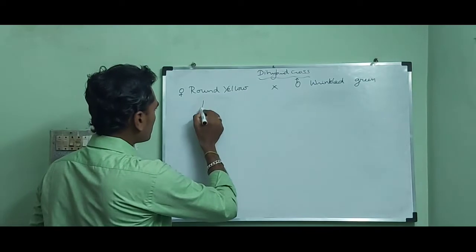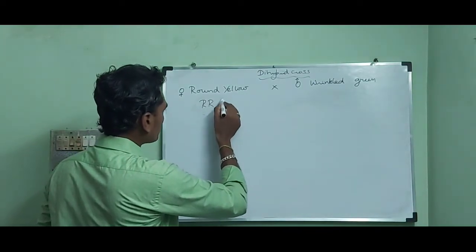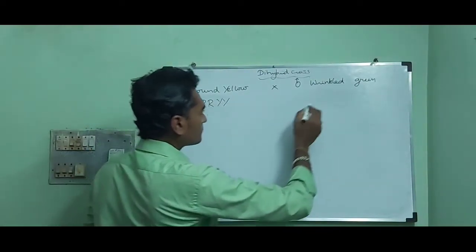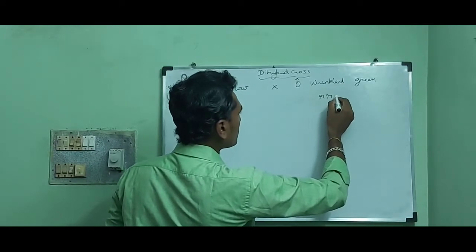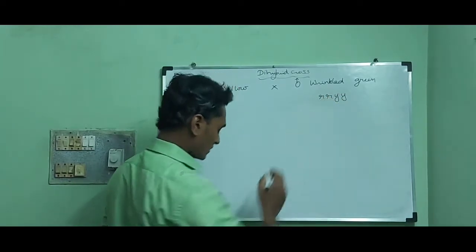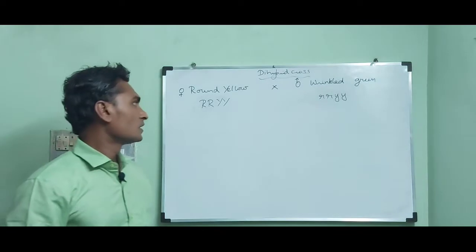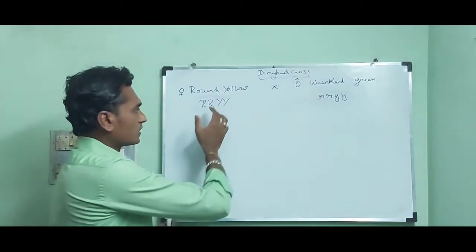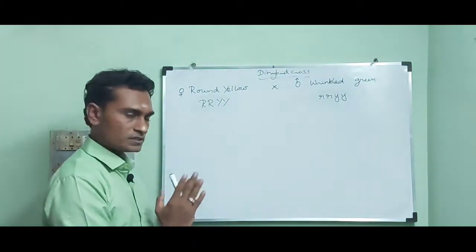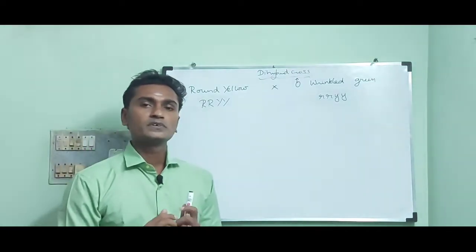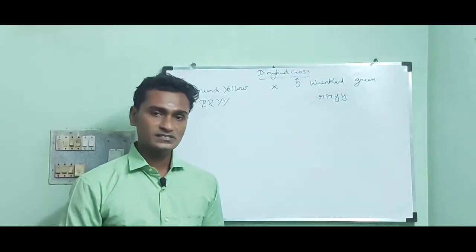So capital R, capital R, capital Y, capital Y, and small r, small r, small y, small y. I am going to make a cross between these two individuals. Gametes should be formed by the process of meiosis.